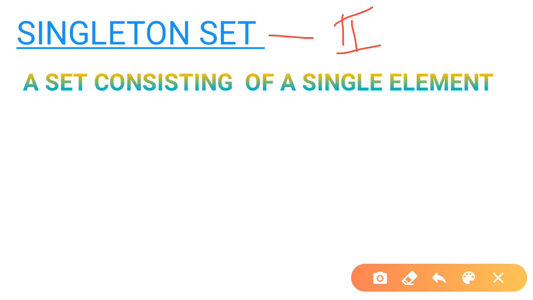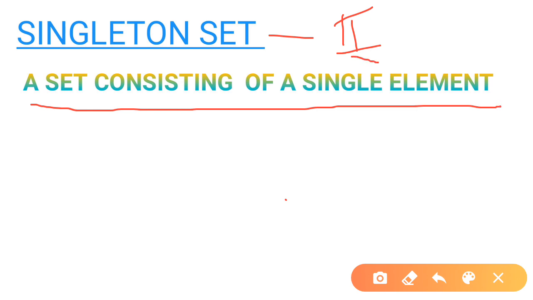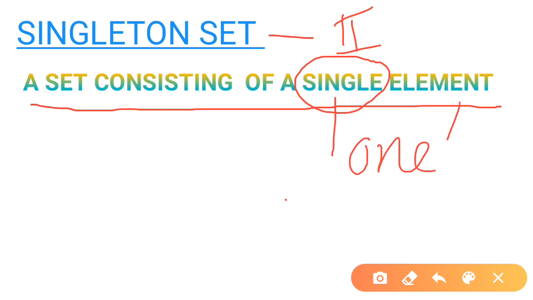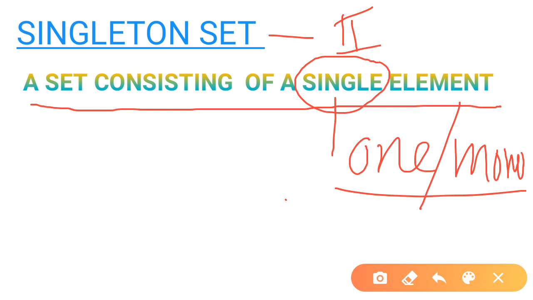Single means only one, mono, right? A singleton set means a set consisting of a single element, only one element. Single means only one, or mono.